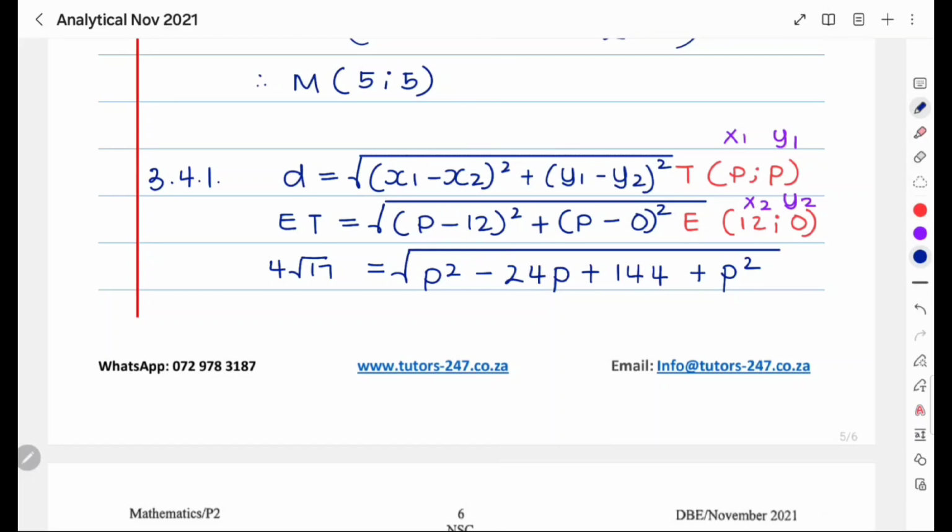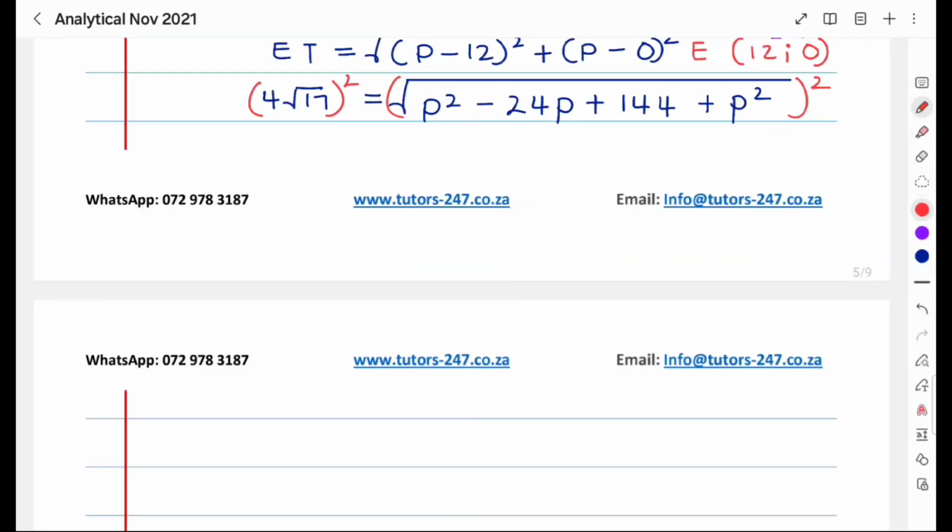P minus 0 is just P, squared that is P squared. From here, we are going to add up the like terms under the square root and then square both sides in order to get rid of that square root. So if we were to square both sides, the square root on the right would disappear.